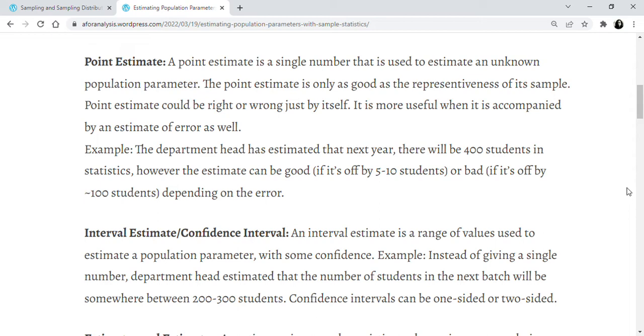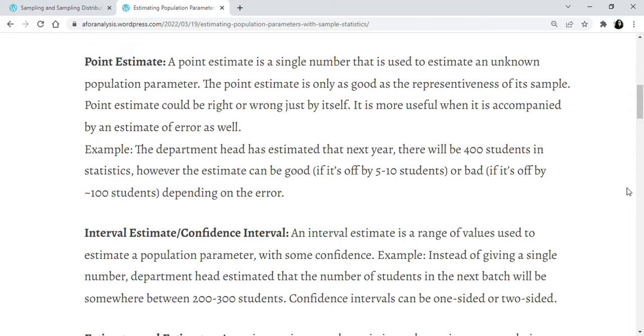The point estimate could be right or wrong just by itself, but it can be more useful if we give an error estimate along with it. Say, for example, the department head has estimated that next year there will be 400 students in statistics.